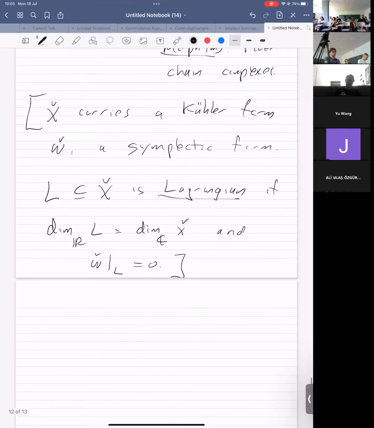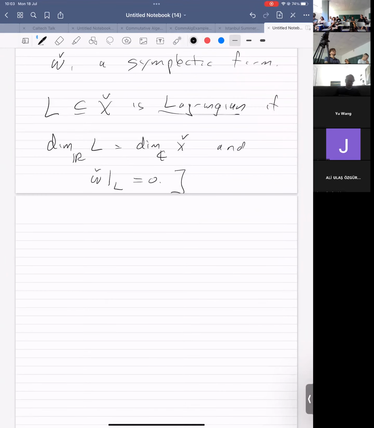Okay, so the other major 1990s point of view on mirror symmetry is the so-called Strominger-Yau-Zaslow conjecture. And so this was 1996.